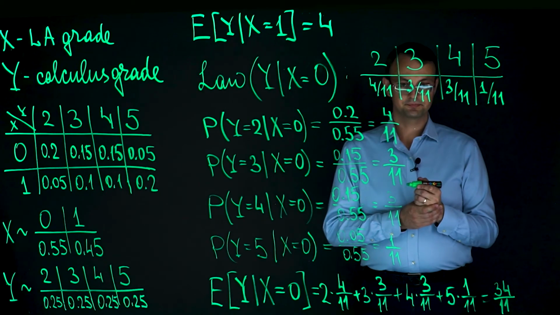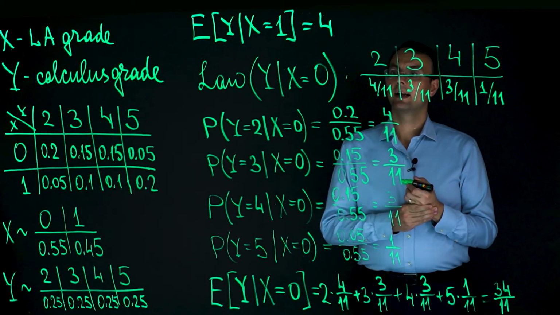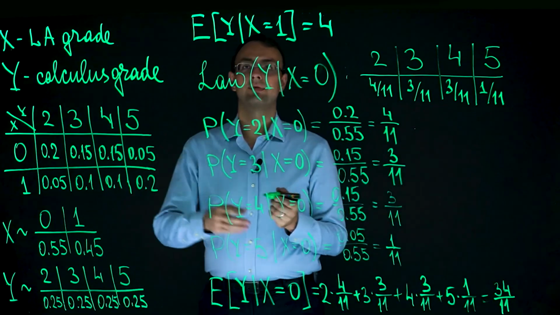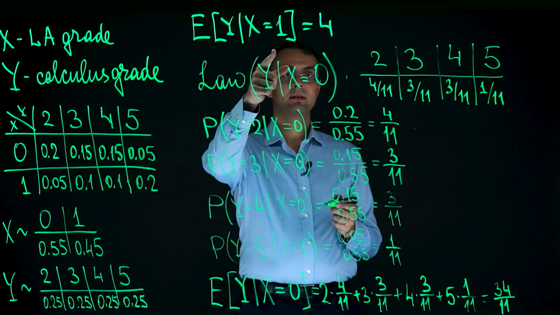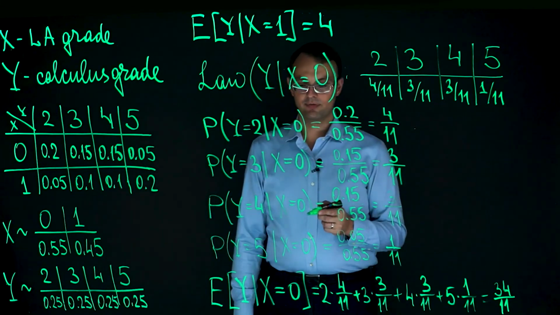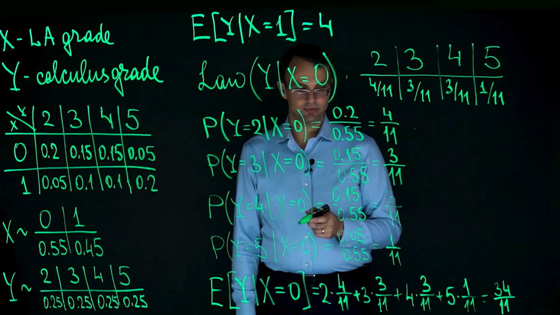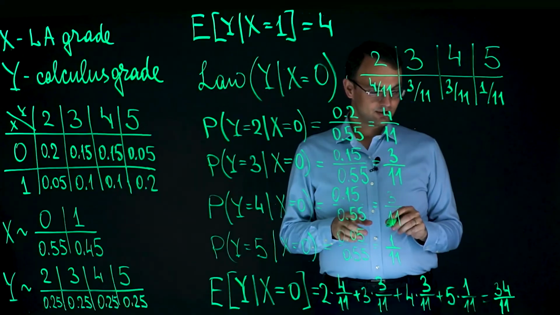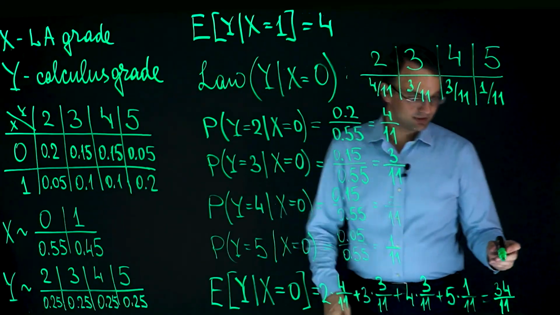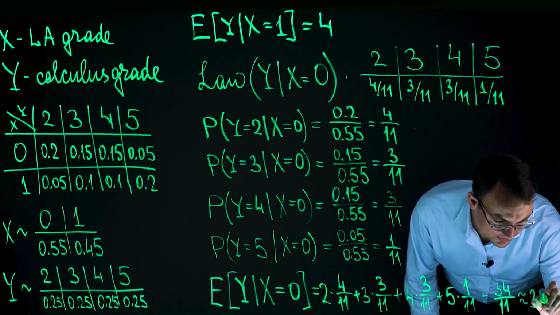So we have the expected value of y given x is 1, this is 4, and we have the expected value of y given x is 0, this is 34 over 11. So to unify the notation, let me use the decimal number. This is approximately 3.09.